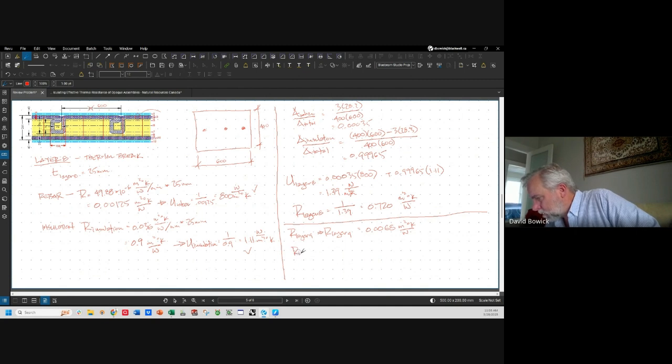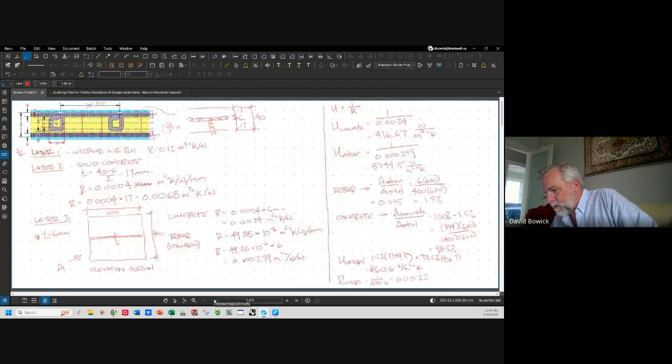Our layer 10 equals our layer 3. See, layer 10 is right through the bar, same as layer 3. We're going to go back and find layer 3. Layer 3 R is 0.0022.